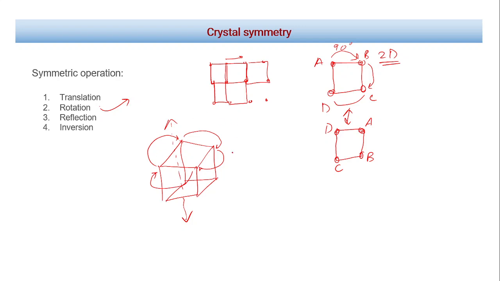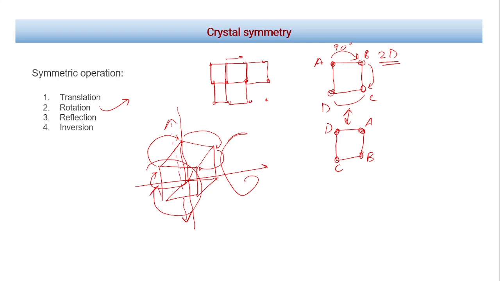So this is what we mean by rotational symmetry. And this can be done in different directions. You can consider the rotational axis here and rotate it like this, or here and rotate it like this, or you can consider it outward from the screen and then rotate it like this.